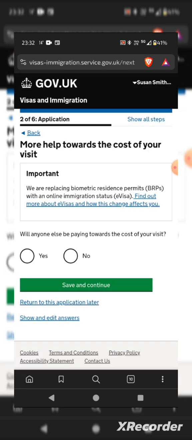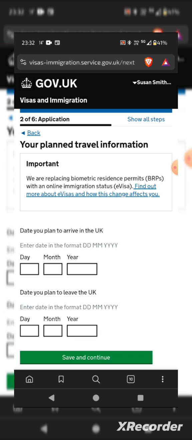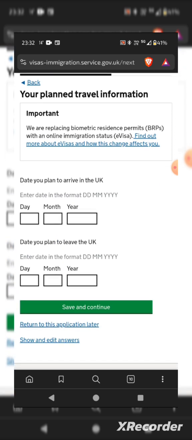If more than one person is paying for your trip, you take yes and then save and continue. You bring up another page and fill in the next person's details. If it's just one person paying, you take no, then save and continue. Then you put the date that you plan to arrive in the UK and the date you plan to leave the UK.